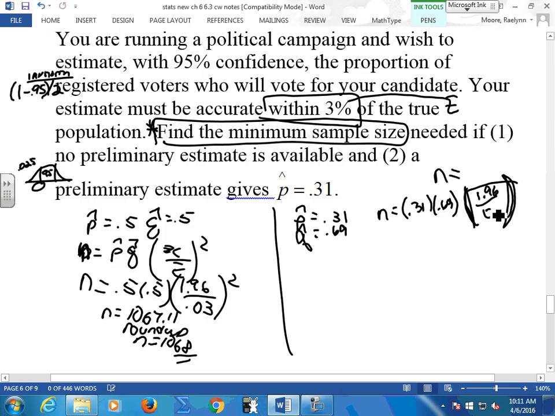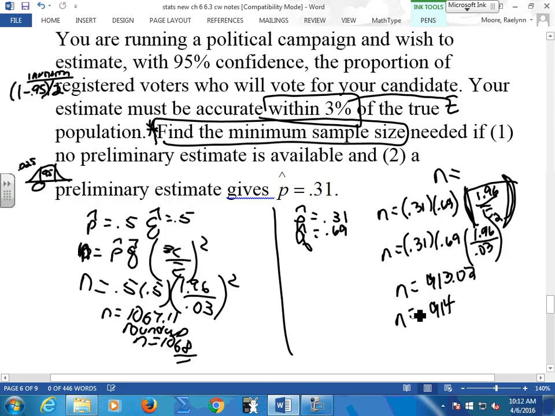I still have my margin of error, which is? 0.03. Make sure you turn that to a decimal. Otherwise, you're going to divide by a big number, and then you're going to get nobody in your sample. Square it. So now you should find a little smaller n. Always round up.